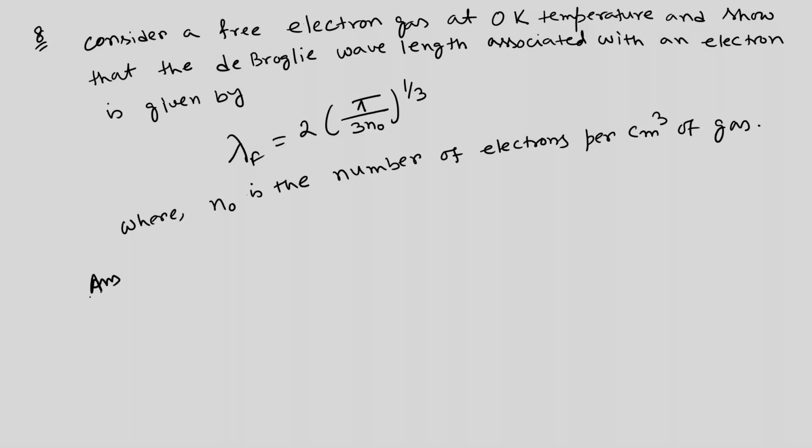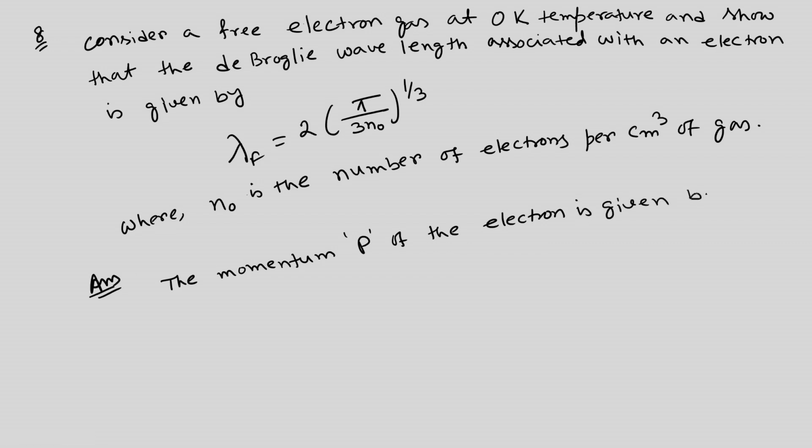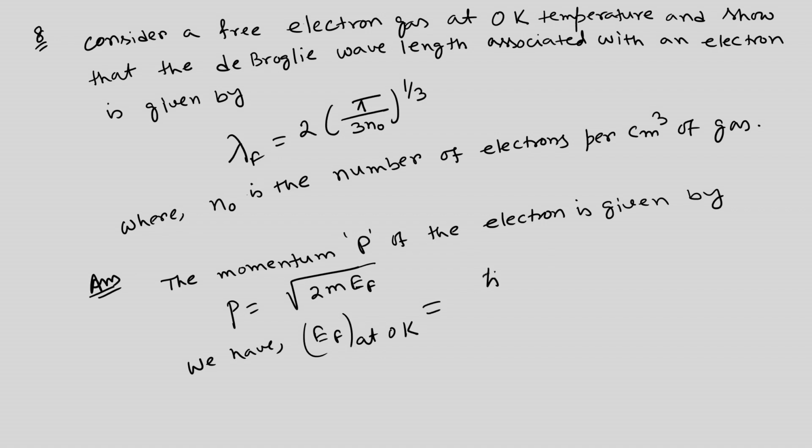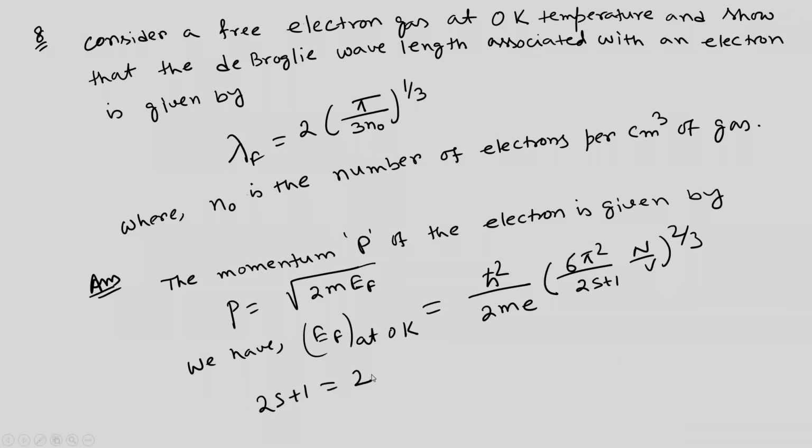Now, the solution. The momentum P of the electron is given by P is root over twice m EF, and we have EF at 0 Kelvin temperature equals to h to the 2 by twice me, 6 pi to the 2 by twice s plus 1, times n by v to the 2 by 3, and twice s plus 1 for electron is 2, right.